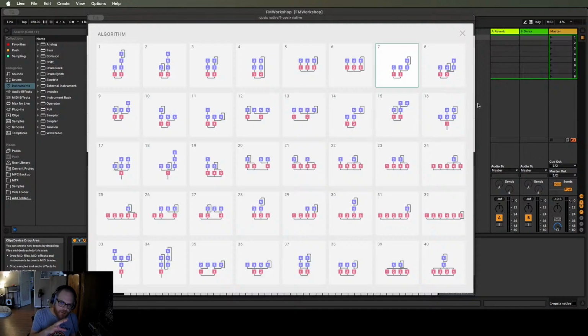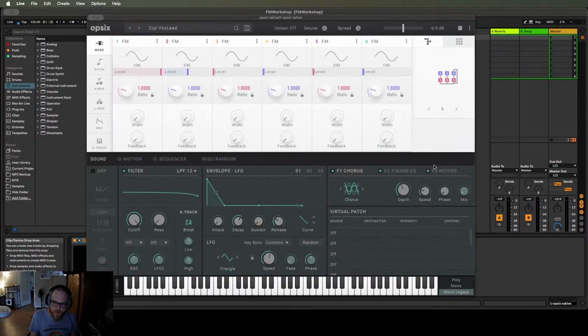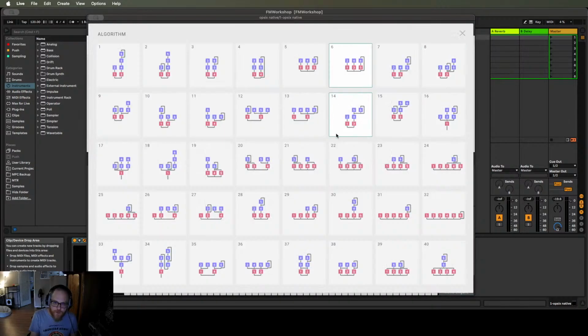The first set of algorithms that I want to deal with are numbers 5 and 6 here, because if you have been working on subtractive synth architecture for a while, I have no doubt that you are very familiar with 2 or 3 oscillator synths. These algorithms basically give you a 3 oscillator synth, where each oscillator has a continuously variable wave shape that's highly controllable. The oscillators don't interact with each other.